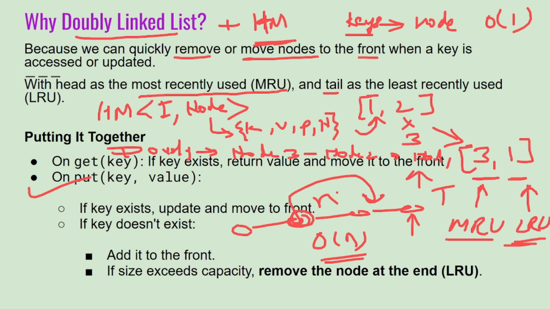So there will be a head and a tail. This is bidirectional, not single direction. This is your tail. Understood? Just pause this video, go through this statement, and you will understand clearly. Let me remove this.